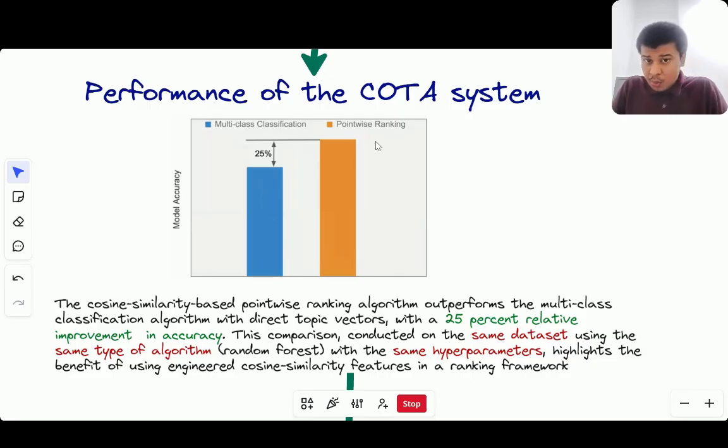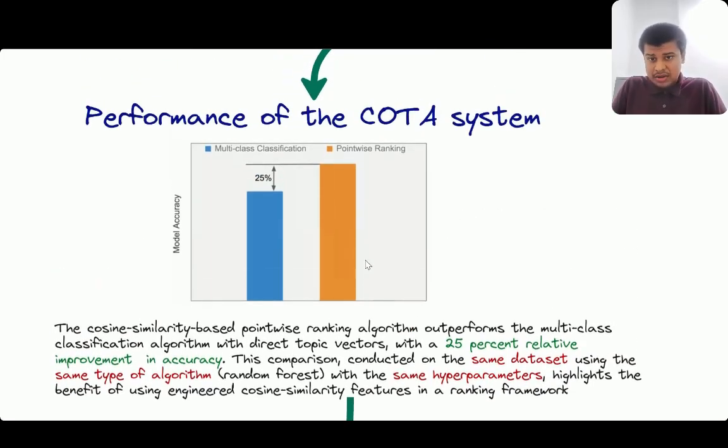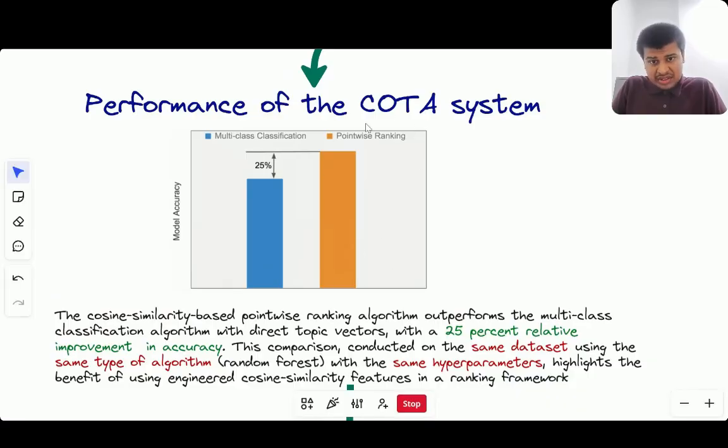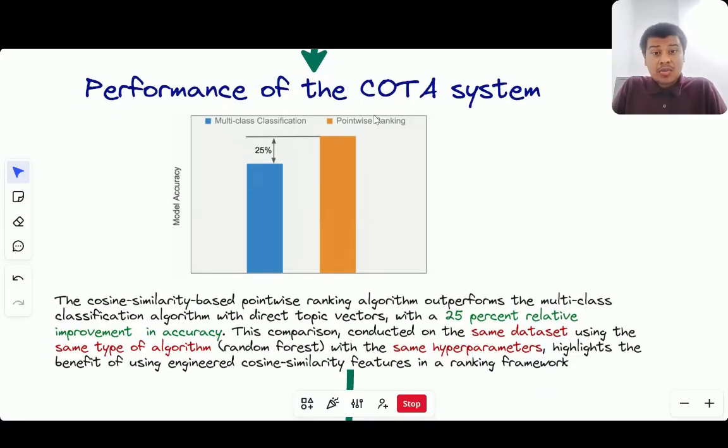But with point-wise ranking and the cosine similarity based input, or feature engineering, they were able to increase the accuracy by 25%. That is a huge improvement in the performance. That is why this was selected as the best one for our whole Coda system, the customer obsession technical assistant.